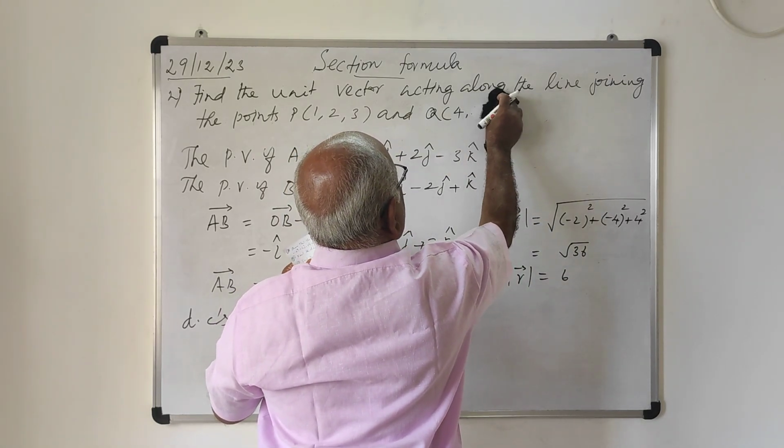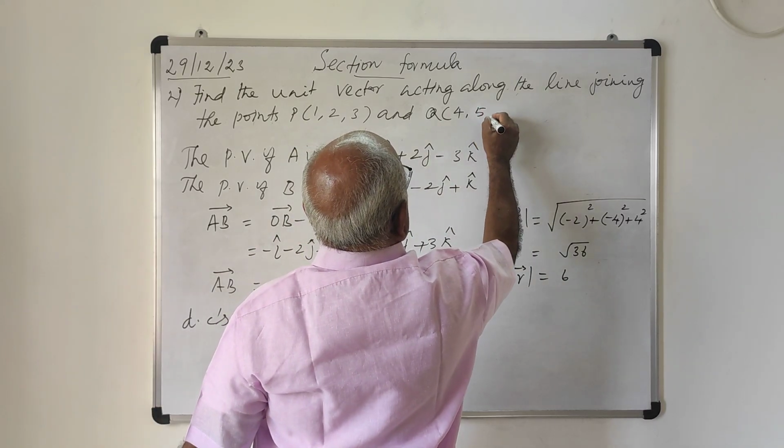Find the unit vector acting along the line joining the points P and Q.